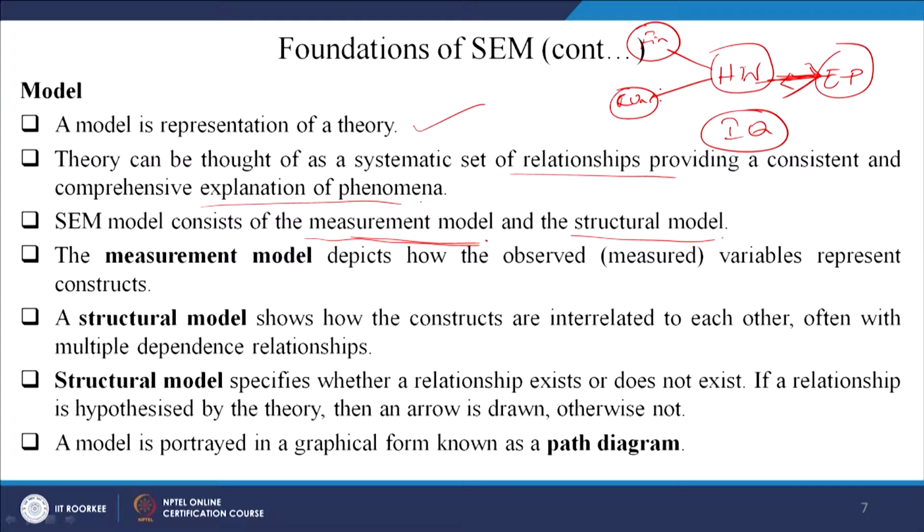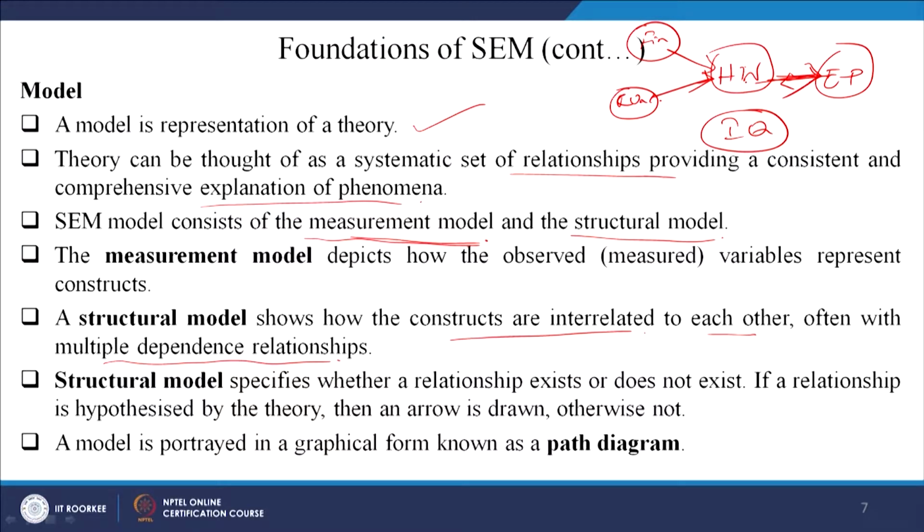The measurement model depicts how the observed variables represent the constructs, that is all, nothing more than that. A structural model shows how the constructs are interrelated to each other, often with multiple dependence relationships. So, this is not one relationship as you see here, it is a multiple dependence relationship.